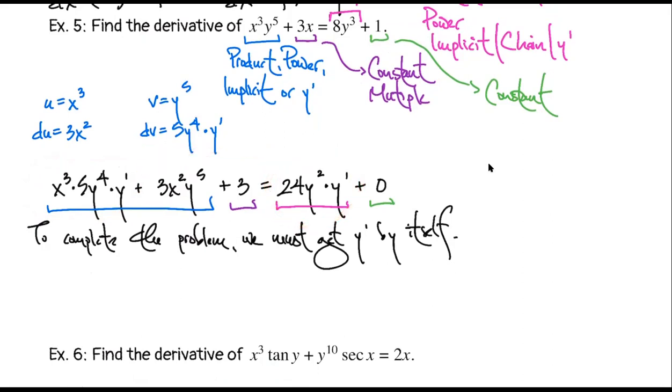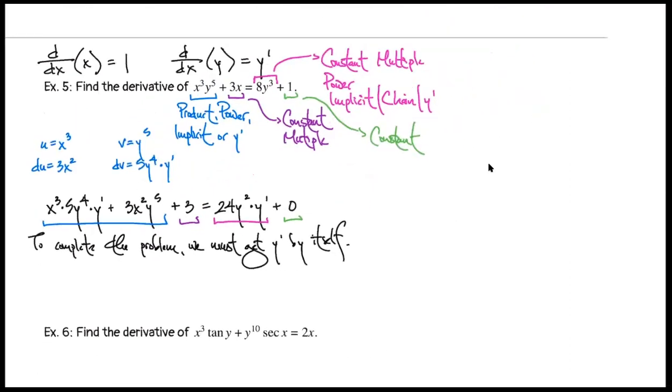In the same step, I'm going to take these two that do not have a y prime and move them to the other side. So we're getting everything that has a y prime on one side, everything that does not on the other side.